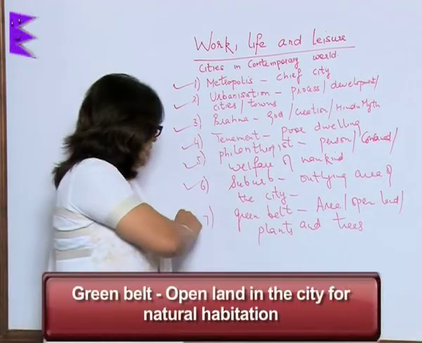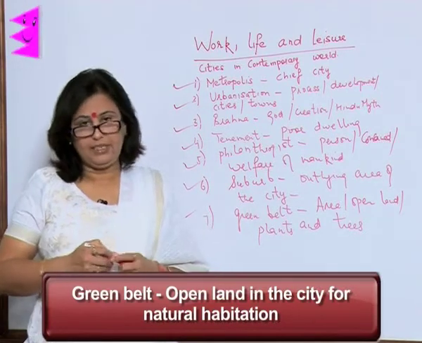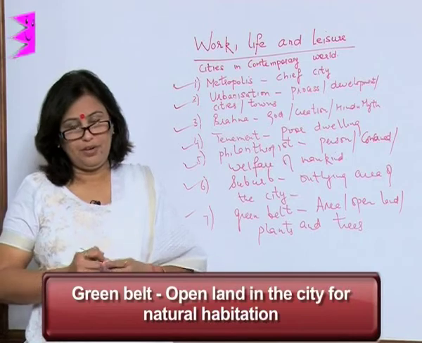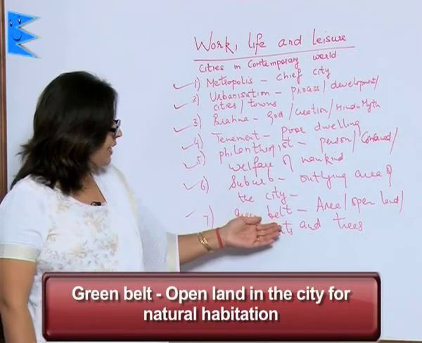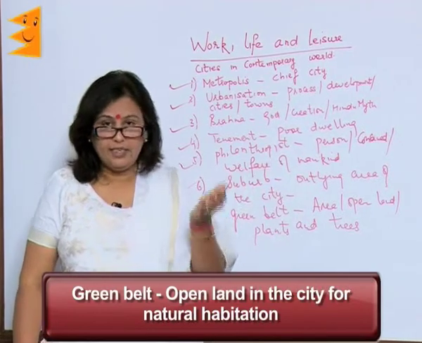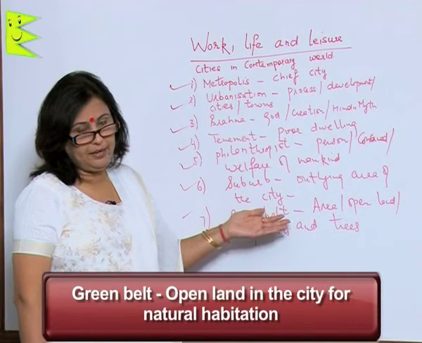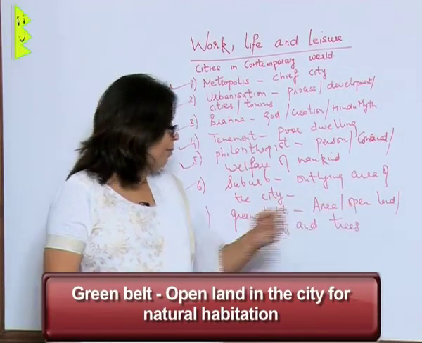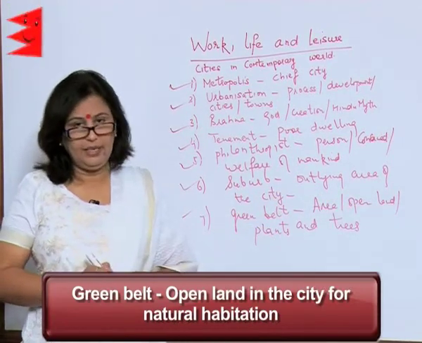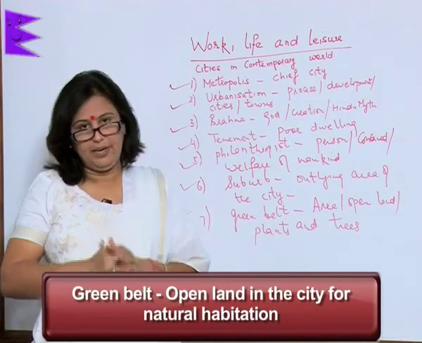Next is the green belt. Now, when the planning of the cities was done in the modern era, the cities had certain areas which are called the green belt. This is in fact an open land in the city which is meant for natural habitation.